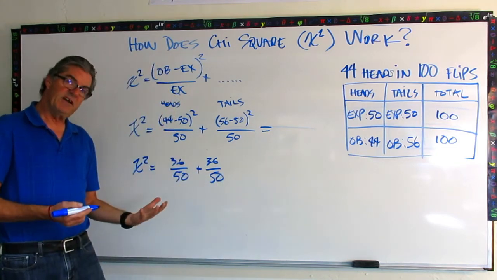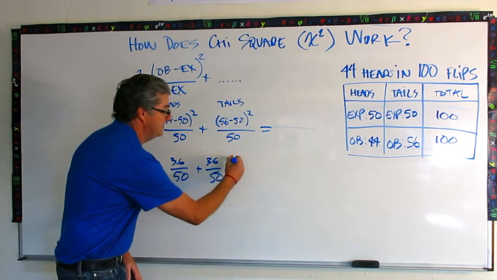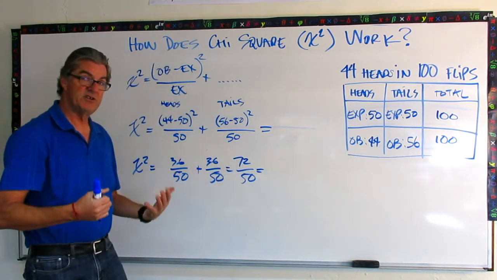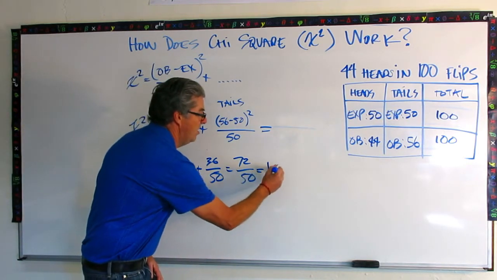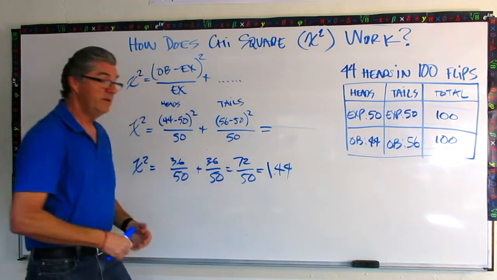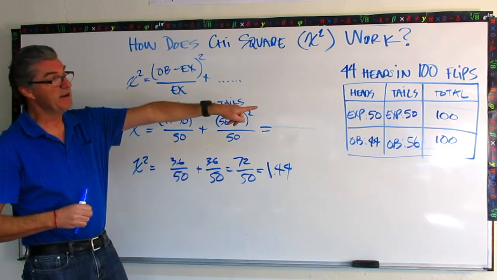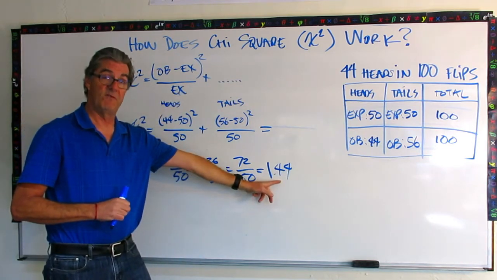So if you want to get your calculator out now, you can do that. You could combine these top 2's to get 72 over 50, but you do ultimately want to turn your chi-square into a decimal, and in this case it's 1.44. So the chi-square value for this scenario, 44 heads in 100 flips, is 1.44.